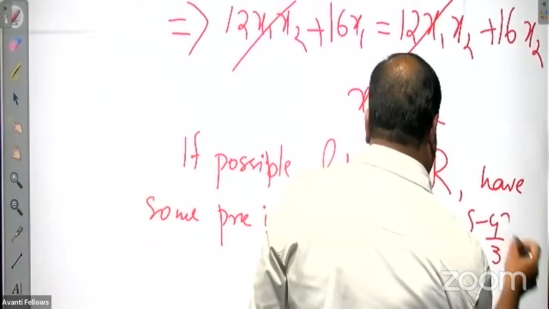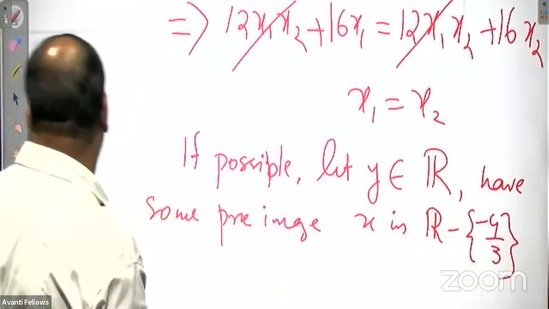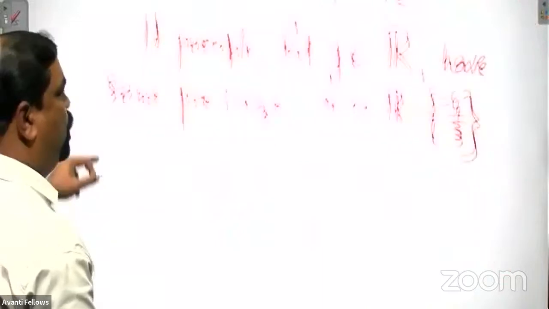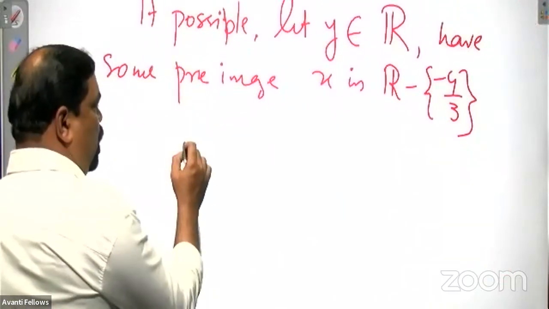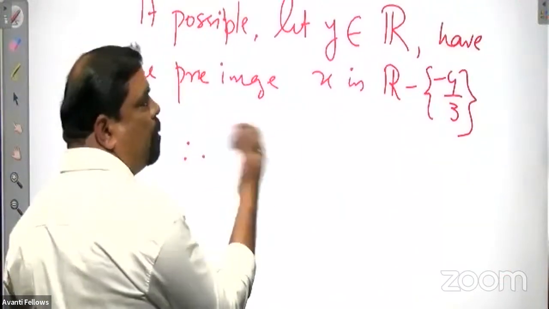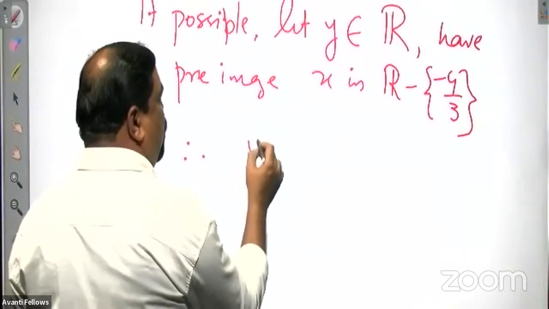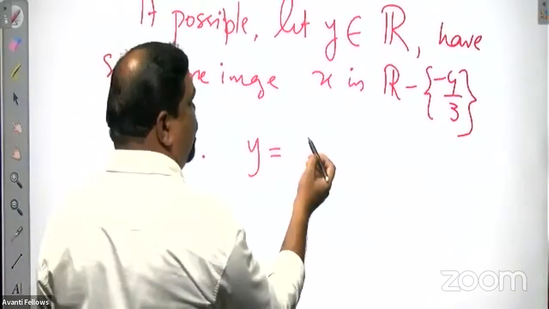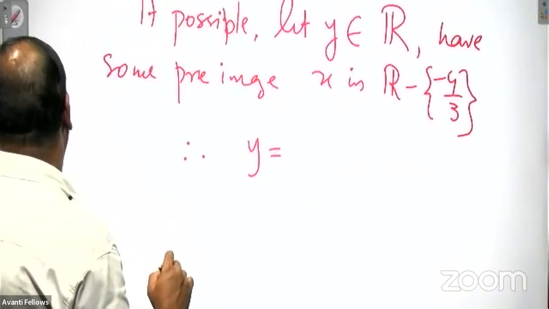Domain is R minus 4 by 3. If it is onto, then very clearly y must be equal to f of x. Y must be equal to f of x means what is the given definition applied?